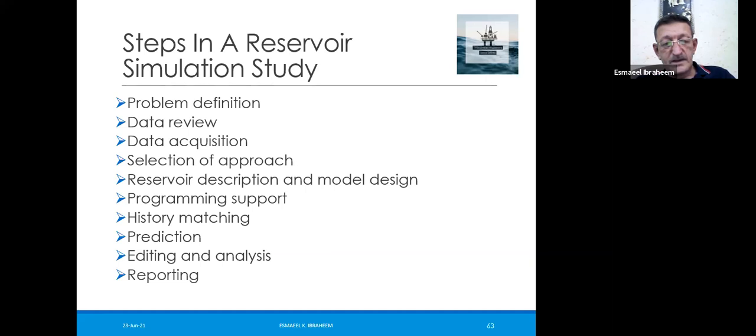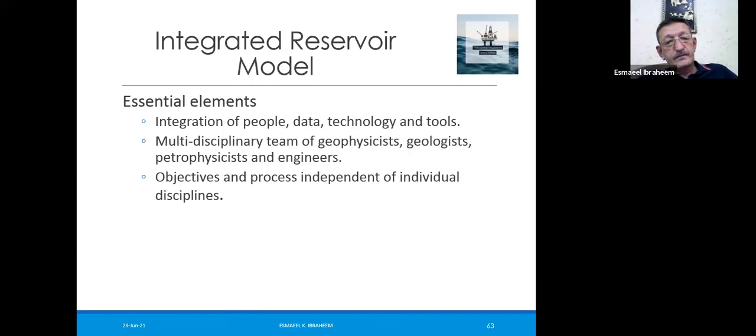These are the main steps in a reservoir simulation study you should follow in order to make a full description, a full study of the reservoir.